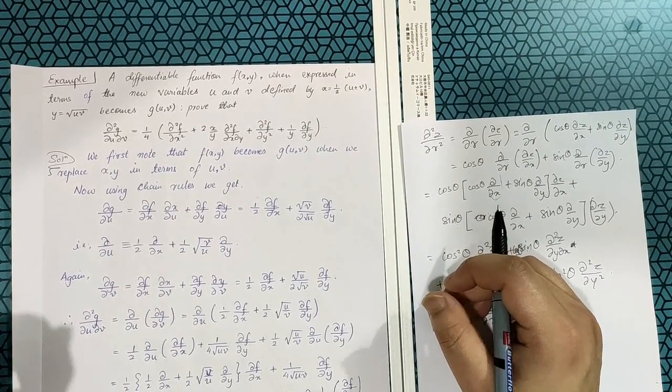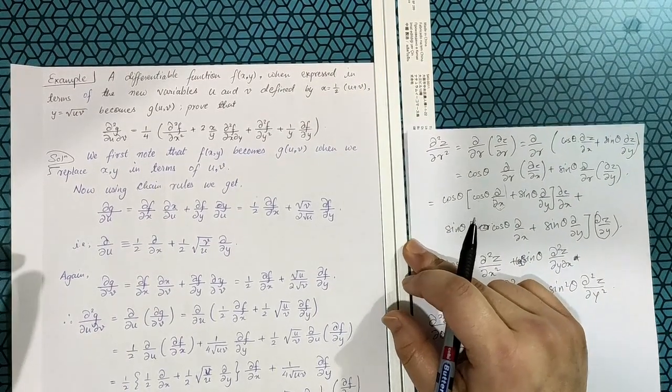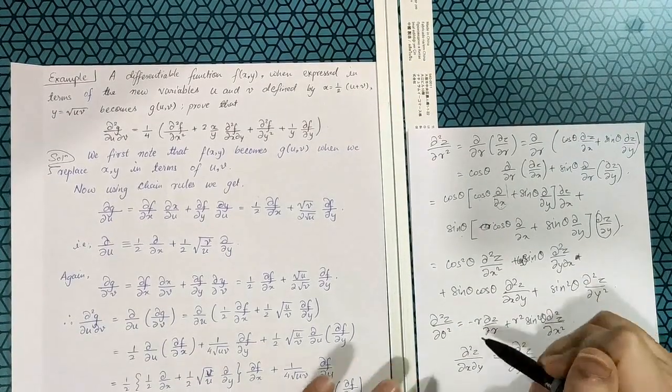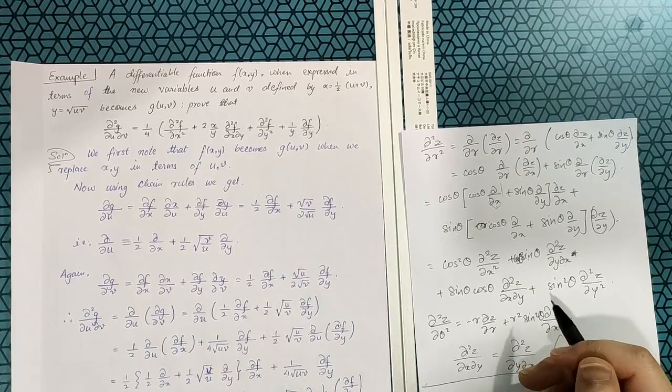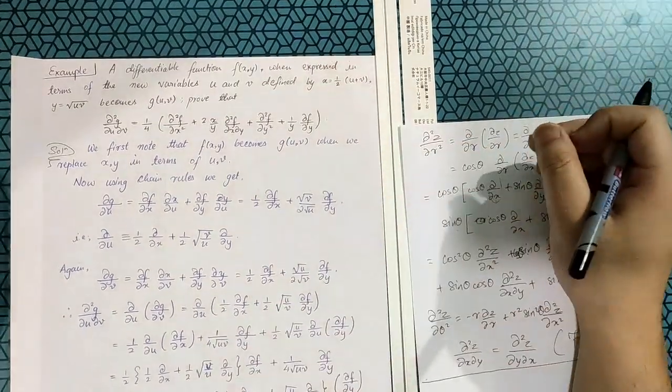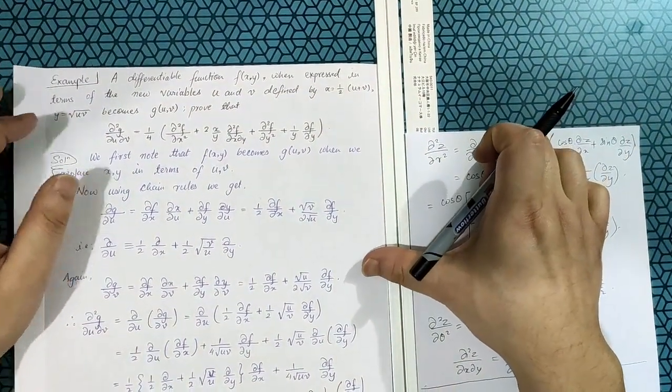So by Young's theorem we can say that the second order partial derivatives are equal. So we now go on to the next question.